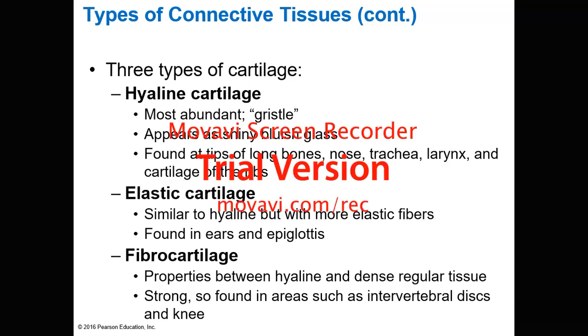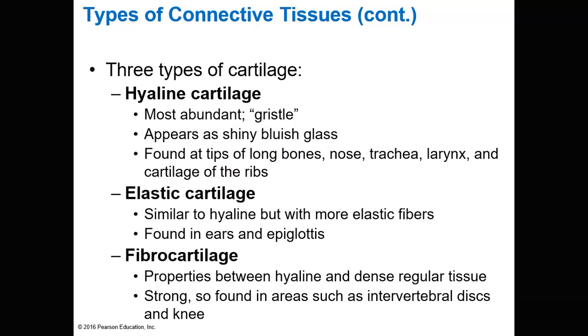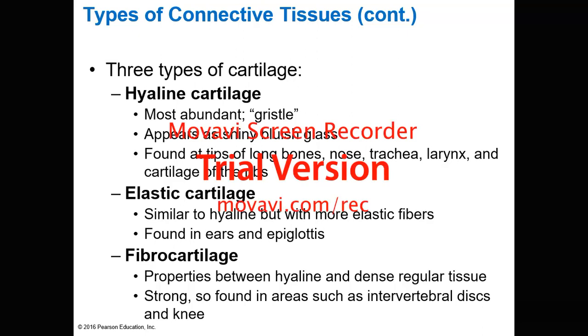Before the baby is born, the fetal skeleton is made out of hyaline cartilage. Then when the baby's born, that hyaline cartilage is going to calcify, get hard, and form the skeleton.